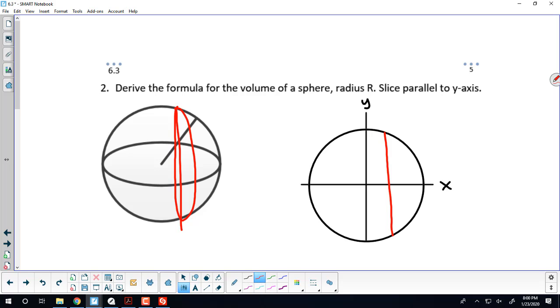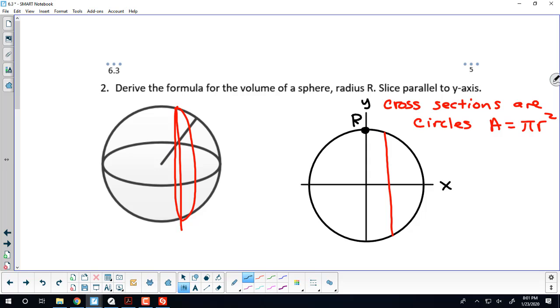So cross sections are circles whose area is pi r squared. And let's label this: the greater boundary here is coming from the sphere itself.